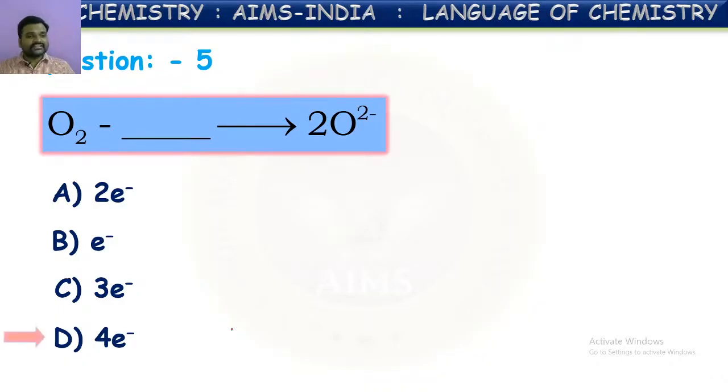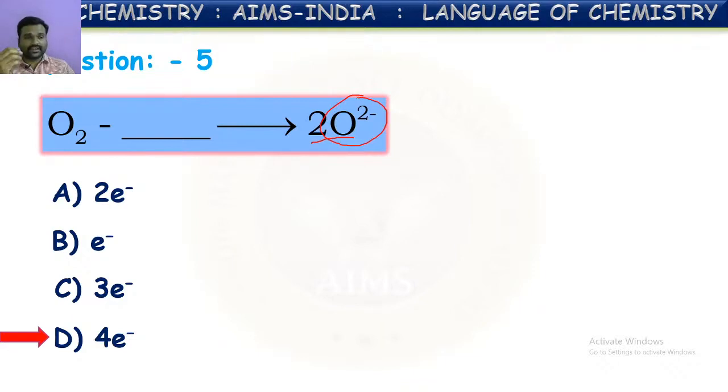So D is the correct answer, because each oxygen atom loses 2 electrons. In the molecule of oxygen, there are 2 oxygen atoms, each losing 2 electrons, so in total it becomes 4 electrons. So by the loss of 4 electrons, 2 oxide ions are formed, because here they have shown 2 oxide ions. If it is only one oxide ion, we can say simply 2 electrons, because there is a 2- charge on the ion.